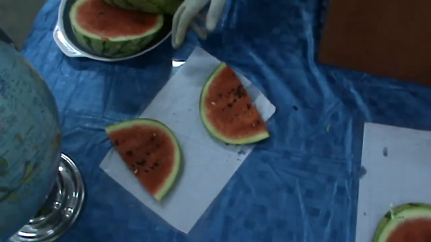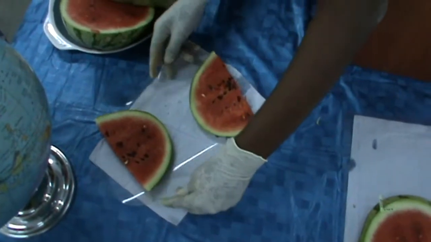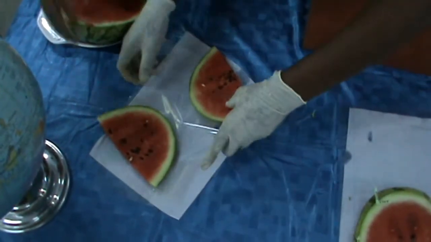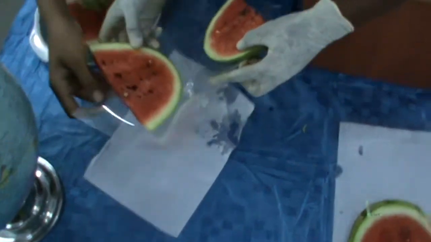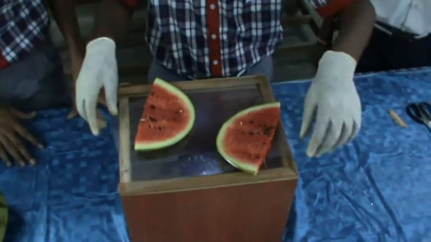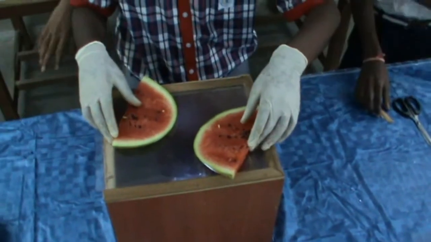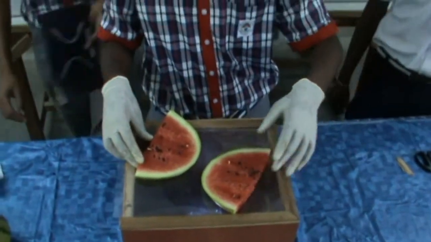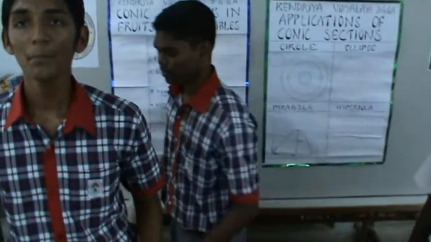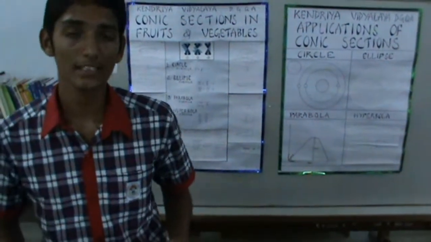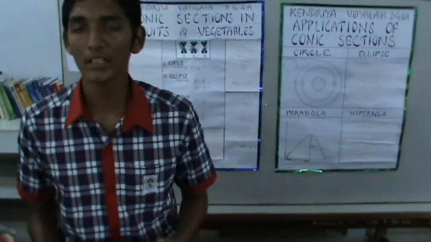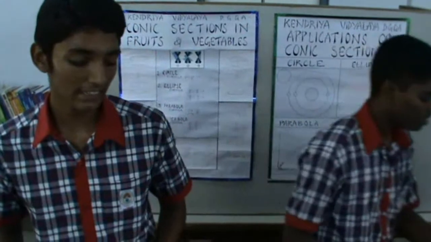So that's about the fourth child of mother cone, that is the hyperbola. Normally, hyperbolas are not used in science and maths, but still hyperbolic mirrors are used in optics to a great extent.